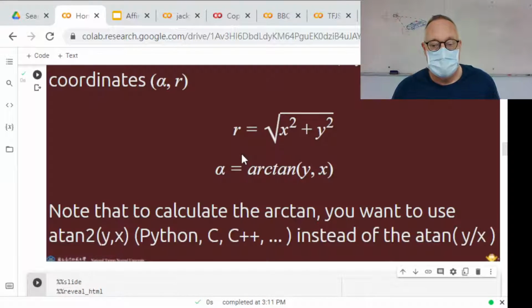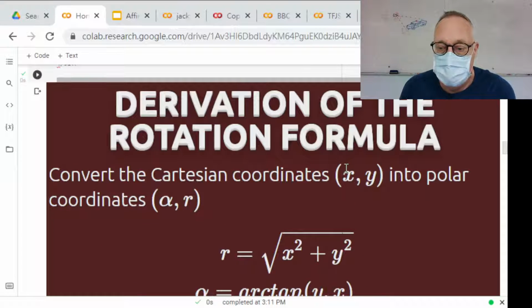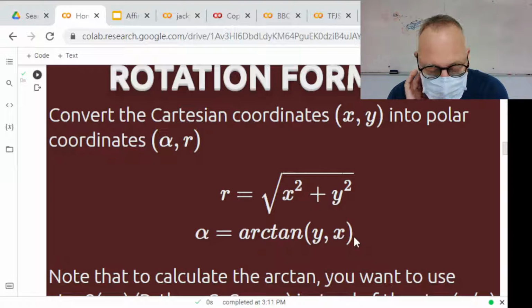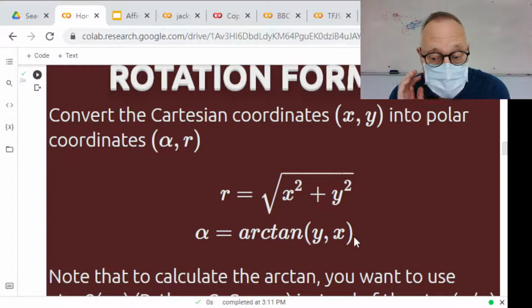So I can convert from Cartesian coordinates, xy, to polar coordinates, angle alpha and distance r, because the distance would be the square root of x squared plus y squared, and the angle would be the arctan of y over x, or the arctan2 of y and x.